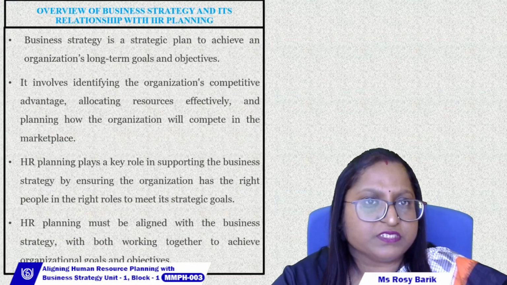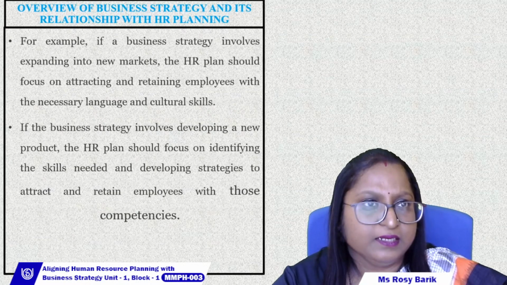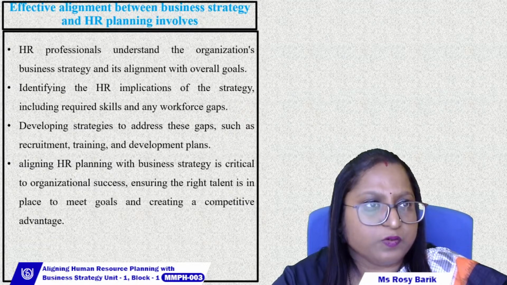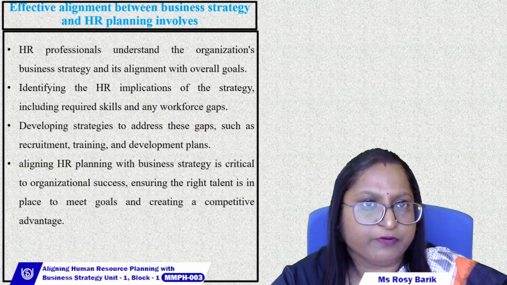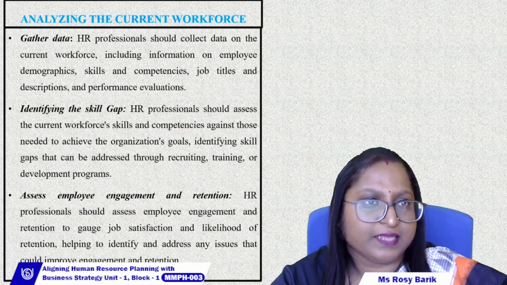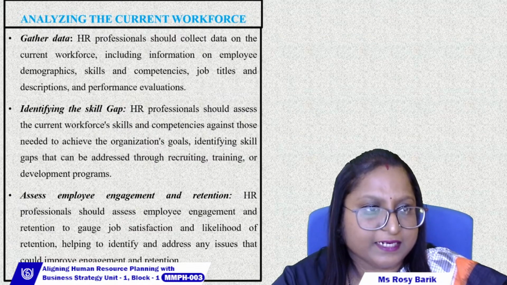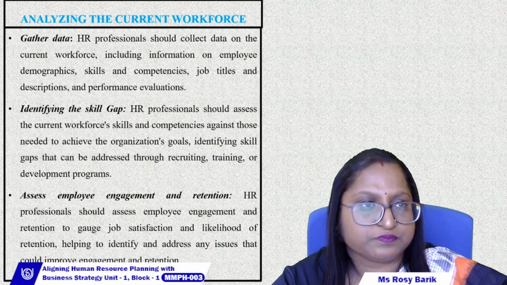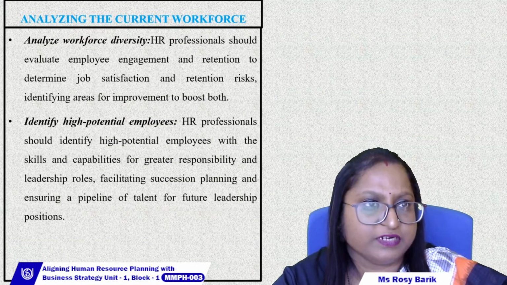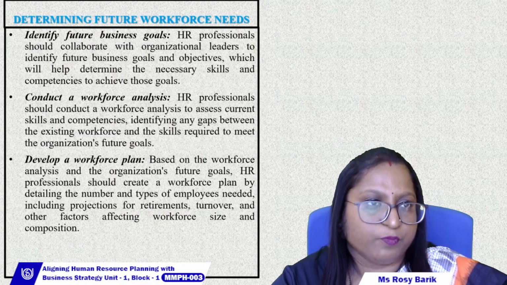Then an overview of business strategy and its relationship with HR planning. Then what effective alignment between business strategies and HR planning involves. Then analyzing the current workforce: gathering the data, identifying the skill gap, assessing employee engagement and retention, analyzing workforce diversity, and identifying high-potential employees.